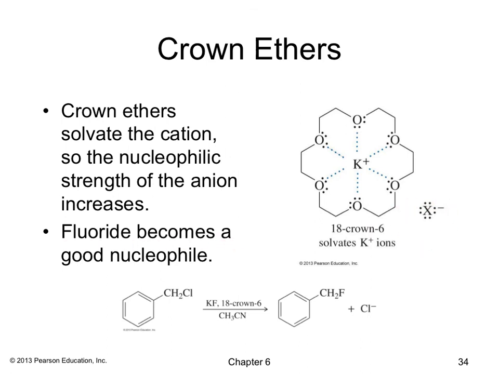So then the fluoride becomes a good nucleophile from KF because the 18-crown-6 will solvate that cation, allowing for this reaction to occur. So remember, if you want to use fluoride, which is not usually a good nucleophile with respect to the other halides, you can use 18-crown-6, and here's a polar aprotic solvent to help as well.